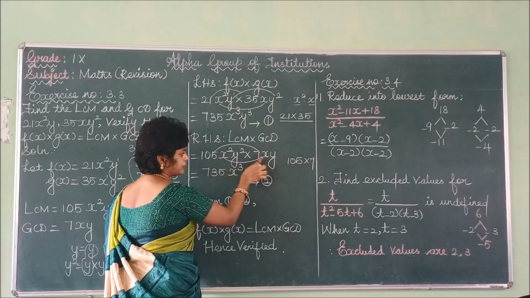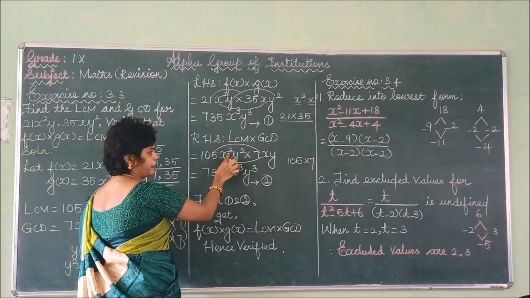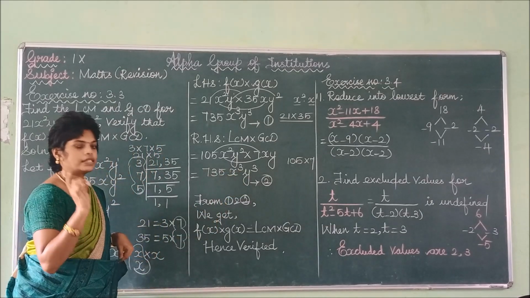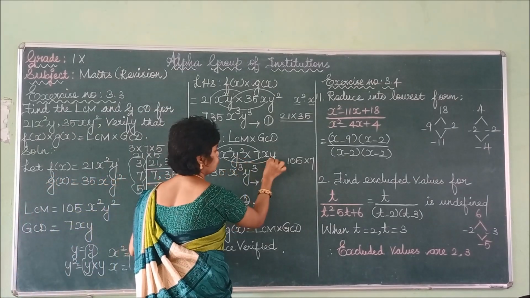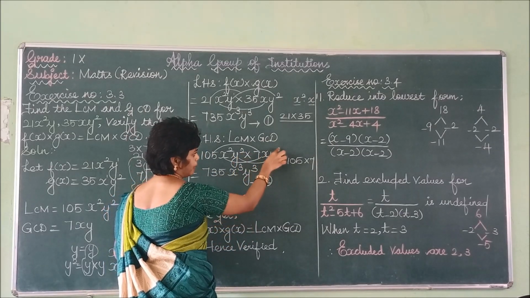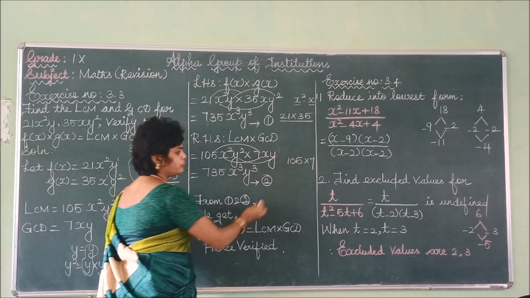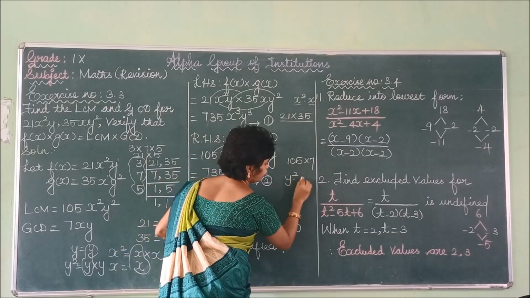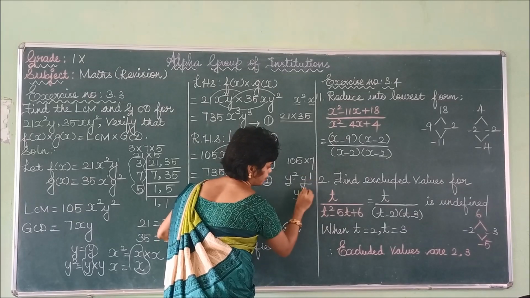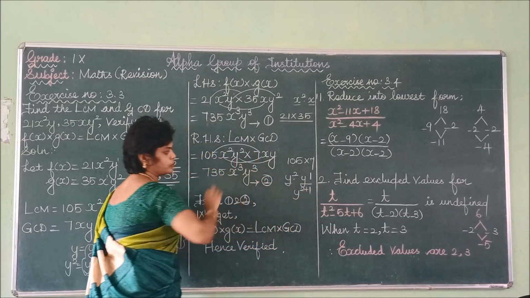You multiply x first and y second. So x power 2, x power 1. You can add the powers. 2 plus 1 is 3. Similarly, y squared into y. So y power 2 and y power 1. Bases are the same, add the powers. 2 plus 1 is what? 2 plus 1 is 3.